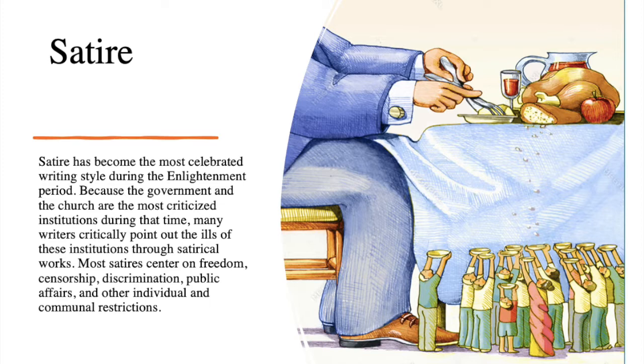Most satires center on freedom, censorship, discrimination, public affairs, and other individual and communal restrictions. So these are some of the things that are always talked about in their satirical works during that time.